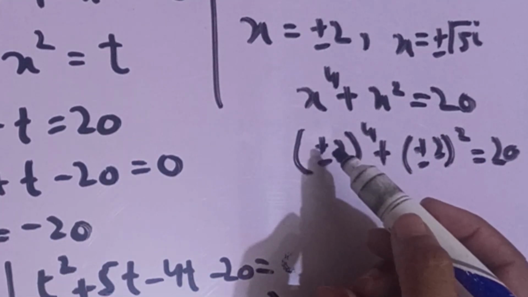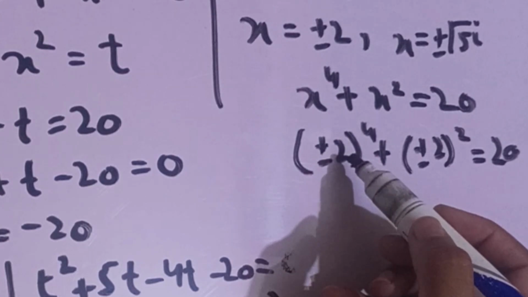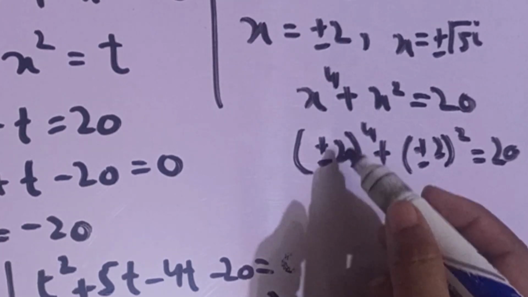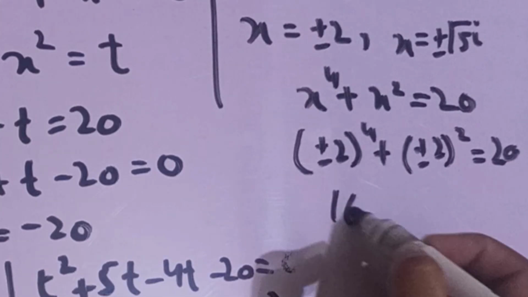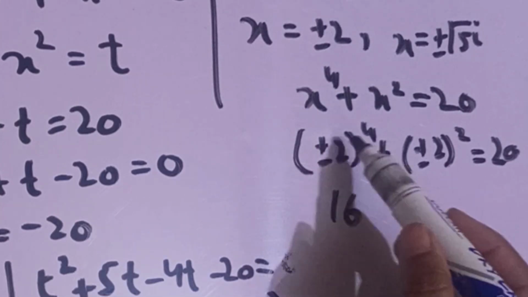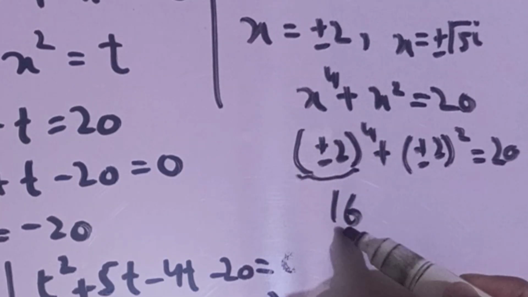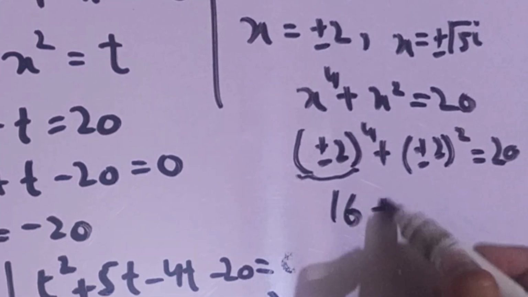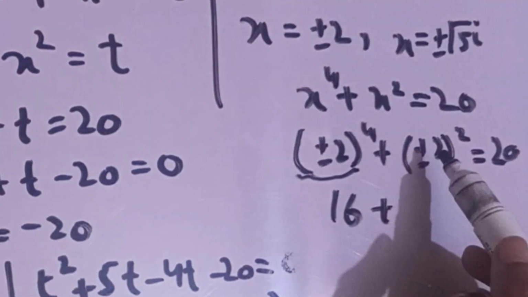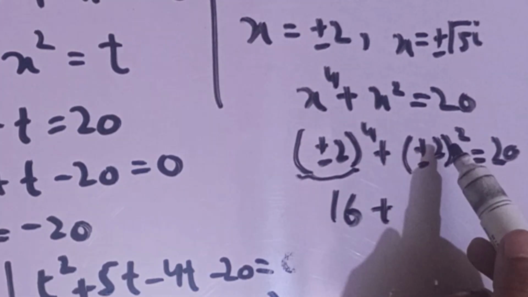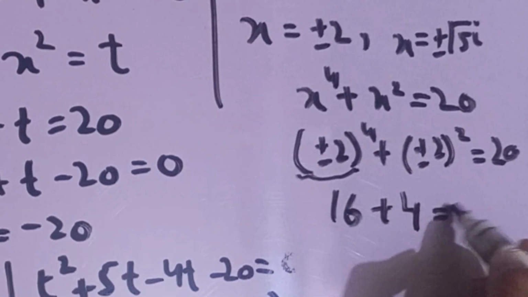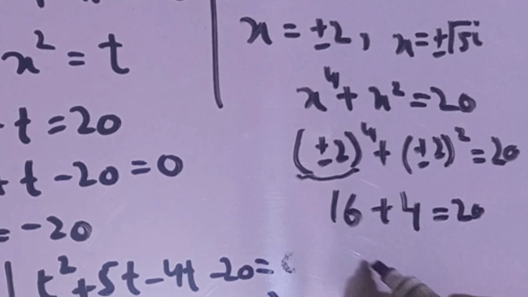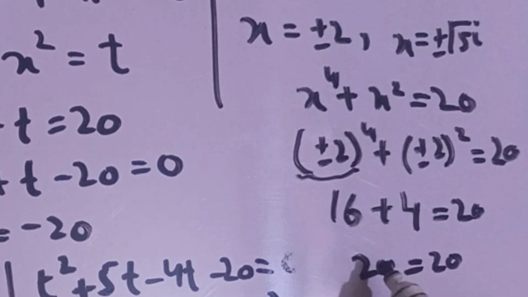If x is 2, then this will become 16, and if x is minus 2, then this will also become 16. Plus, if x is 2, then this is 4, and if x is minus 2, then this is also 4. So 16 plus 4 is 20. So in this case, left hand side is equal to right hand side.